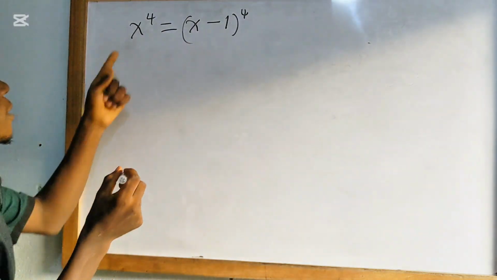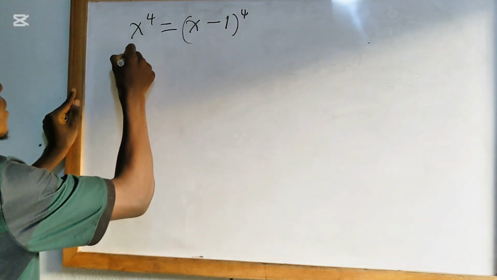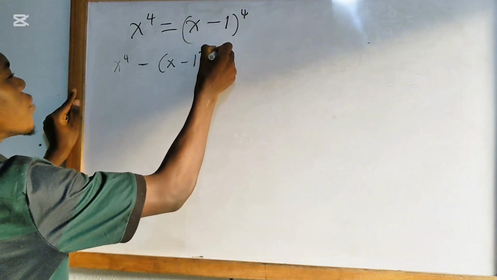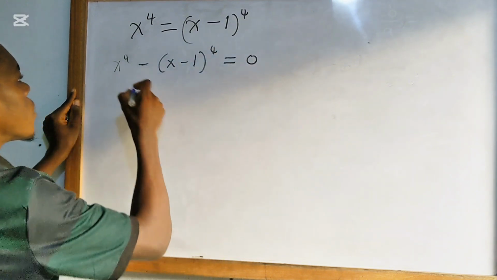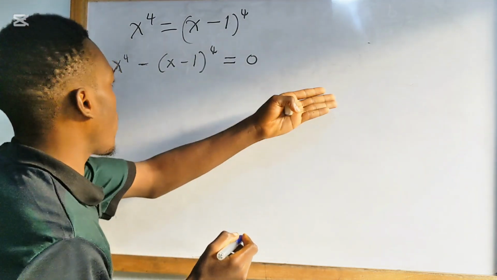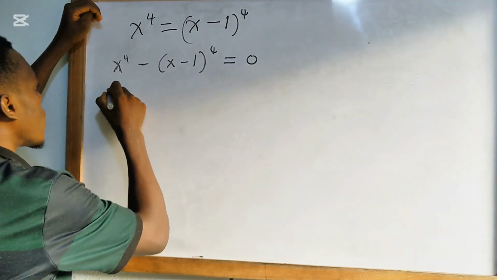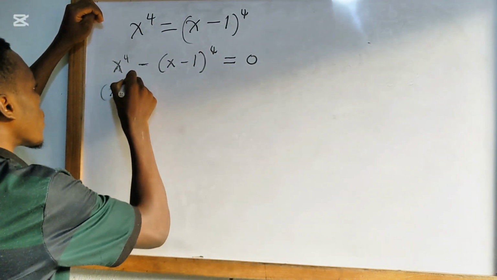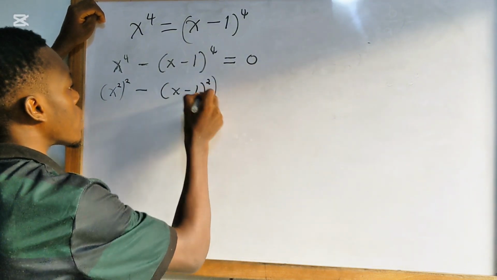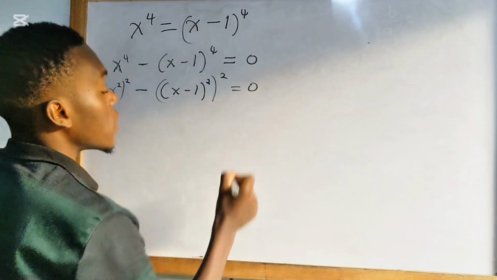Having this, you can bring everything here to have x to the power 4 minus x minus 1 all to the power 4 is equal to 0. Taking it as squares as we said earlier, we have x square all squared minus x minus 1 all squared equals 0.